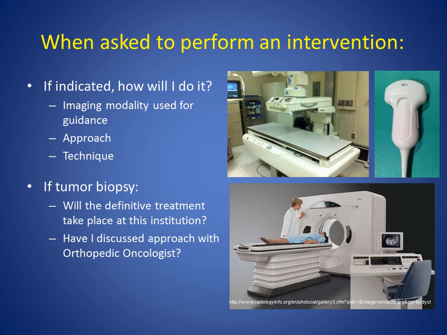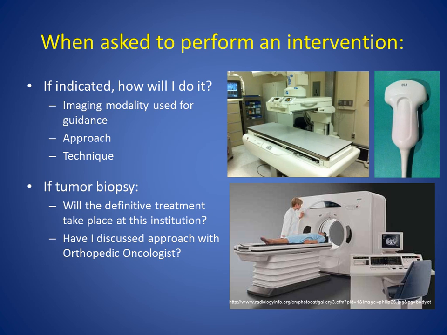If you're going to perform a tumor biopsy, I would also warn you that there is good literature out there that would support, and we'll talk about this tomorrow when I do another lecture on thigh and knee procedures, that if it's going to be a biopsy of a lesion that could be a sarcoma, that biopsy needs to happen at the place where the definitive treatment will occur. And by definitive treatment, I mean the excision, whether it be a wide excision or a marginal excision, the radiation, the chemo, that needs to happen as a team at the center where the definitive treatment will occur.